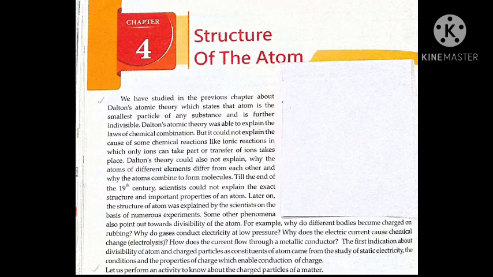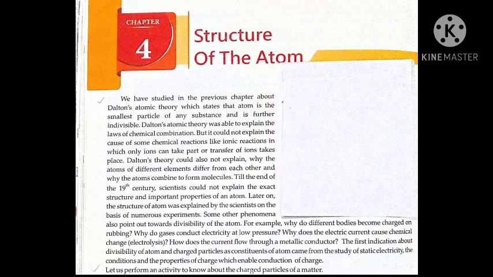But it could not explain the cause of some chemical reactions, like ionic reactions, in which only ions can take part or transfer of ions takes place. It also could not explain why the atoms of different elements differ from each other and why the atoms combine to form molecules.